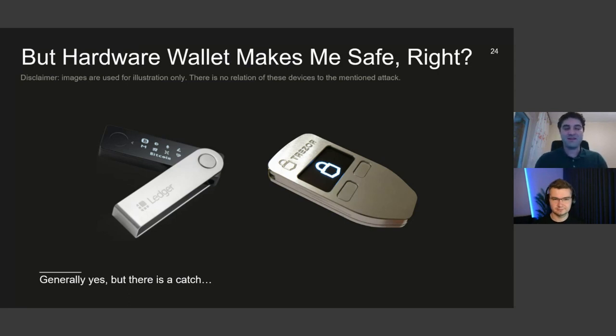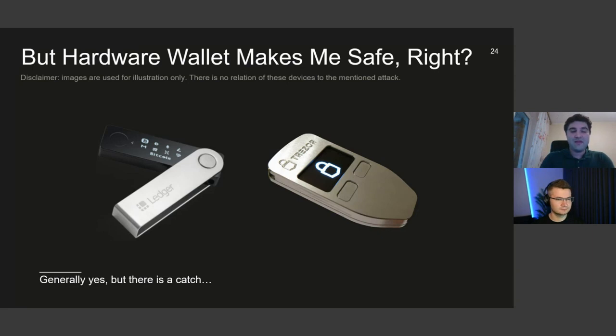But rather, the attackers were deploying a psychological trick, which is they used a flaw in the UX of displaying the actual details of the transaction, for example, in Trezor.